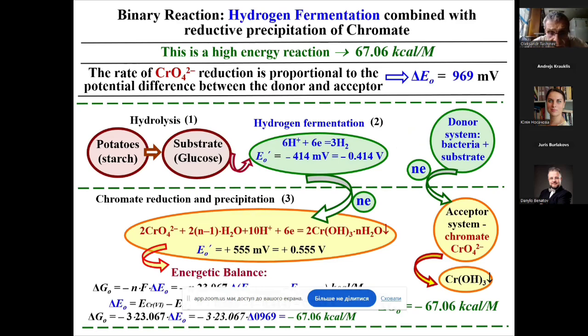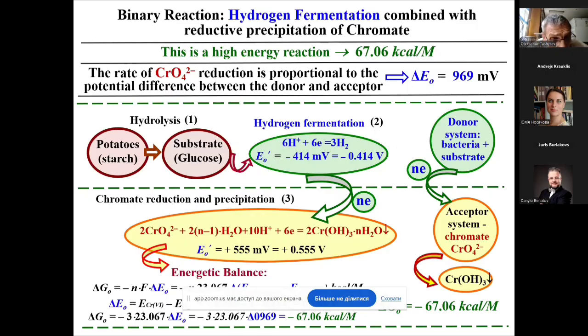Here one can see the thermodynamic calculations that confirm the effectiveness of applying obligate anaerobic low potential microorganisms for fast reduction and precipitation of chromate compounds.